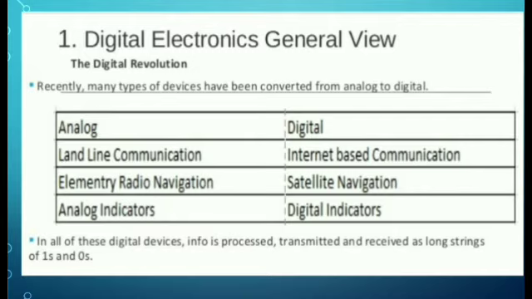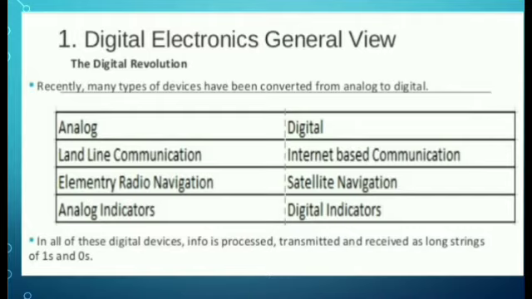Now, recently many types of devices have been converted from analog to digital. Just see the difference between the analog signal and the digital signal. Analog signals are used in landline communication, elementary radio navigation, and analog indicators.